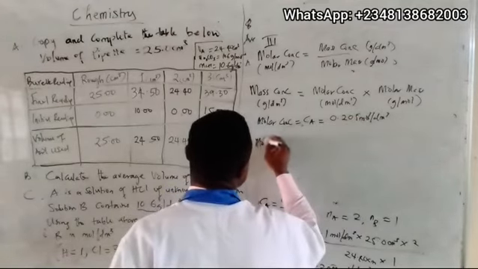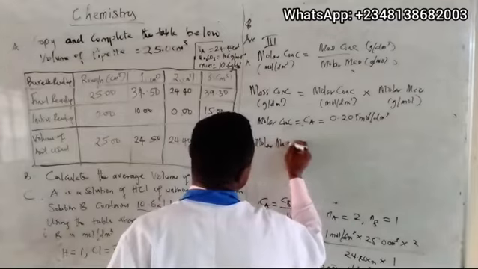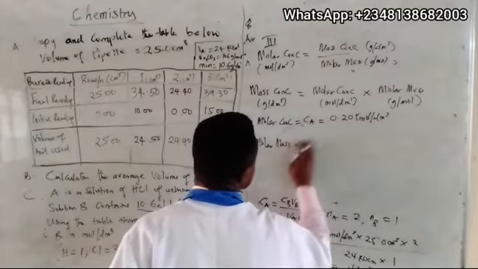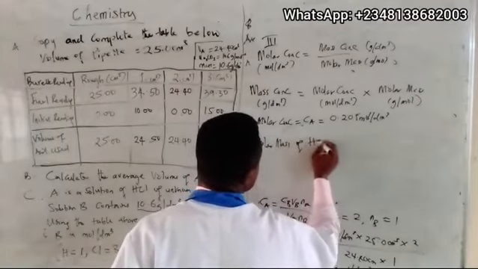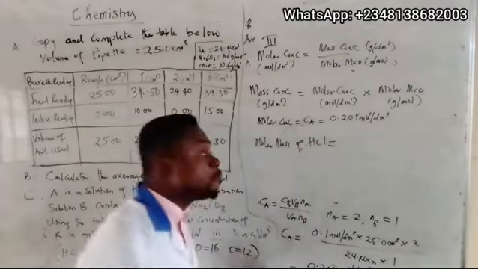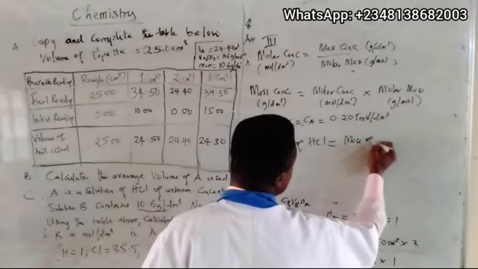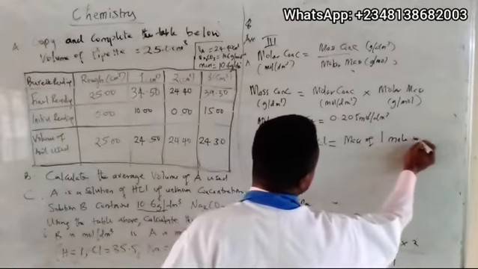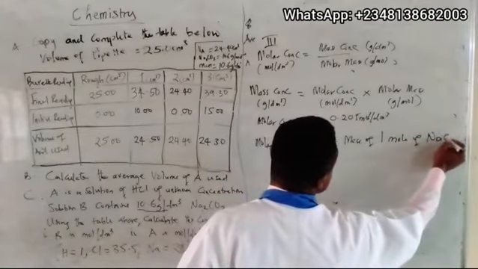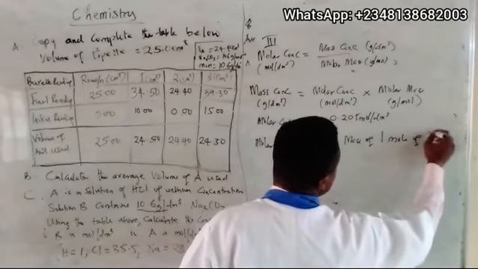Now, the molar mass of hydrochloric acid. Remember, molar mass is the mass of 1 mole. Let me write it out: mass of 1 mole of hydrochloric acid.